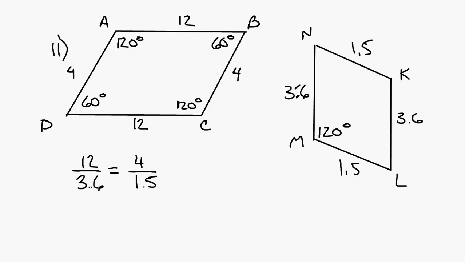So crisscross multiply here. If you take 3.6 times 4, you get 14.4. And the question is, does that equal 12 times 1.5? 12 times 1.5 is 18.